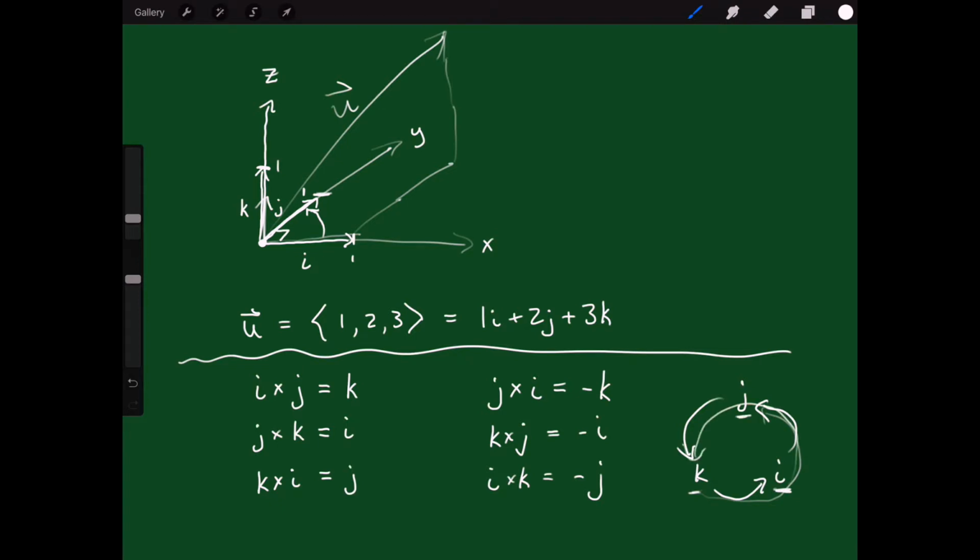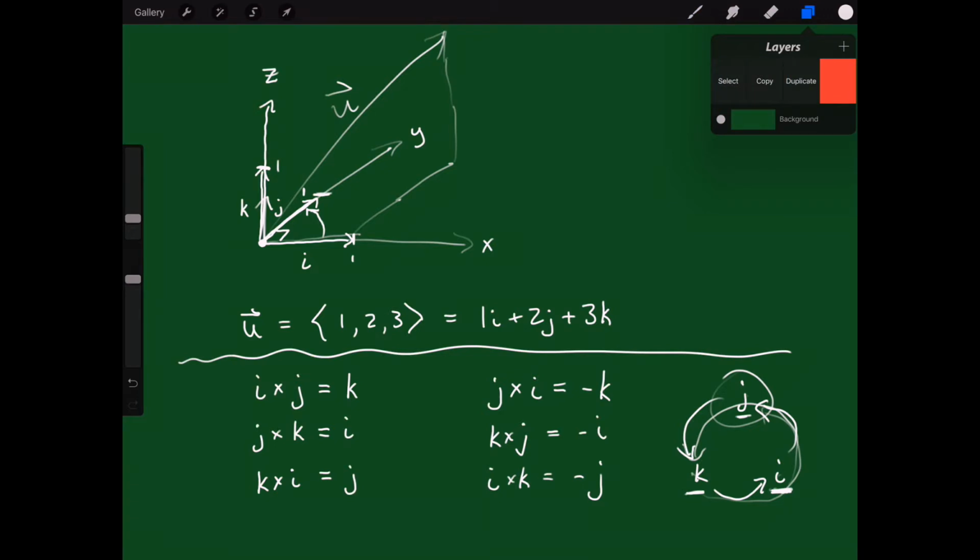But if you go in the reverse order, you get a negative. So if you go i cross k, then you should get negative j. Okay, so if you can remember i, j, k in that order, if you follow the order, you get a positive vector. If you reverse the order, you get a negative vector. Okay, so that's going to be helpful for what we want to do next.